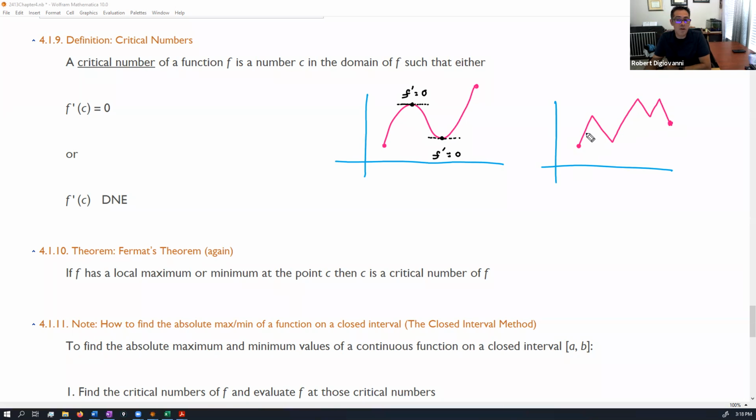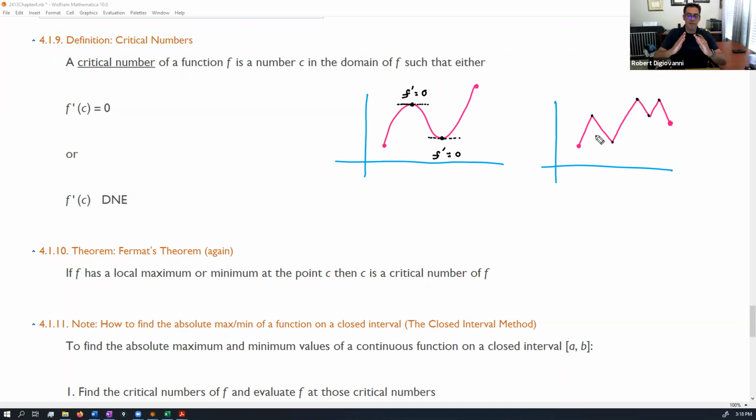Is that continuous? That picture, is it continuous? Yes. Okay. Do you see that at each of these points, here, here, here, here, we have local extremes, local max, local min, local max, local min, local max. What can you all tell me about the derivatives there? They're undefined. Very good.